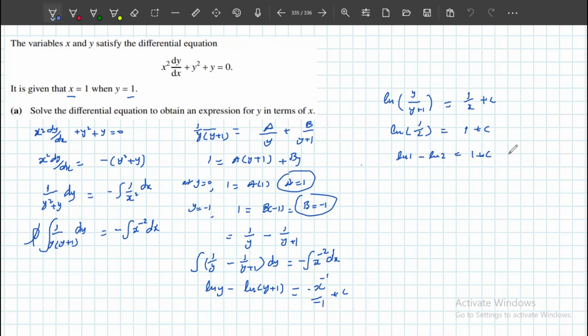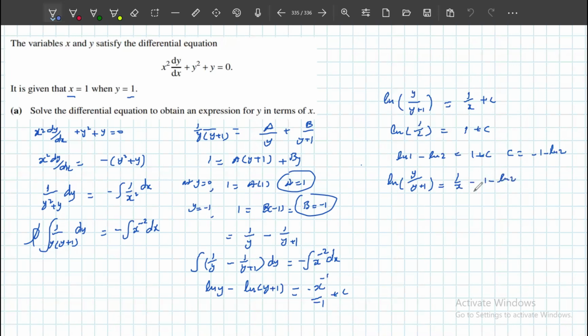So it means c is equal to, log 1 is 0, so we have minus 1 minus log 2, and then we will replace back. Log of y over y plus 1 is equal to 1 over x minus 1 minus log 2.